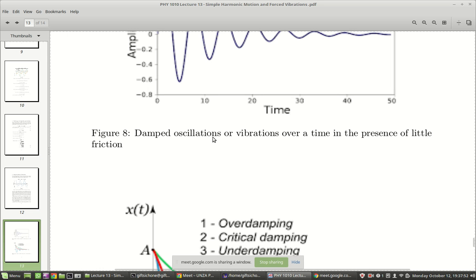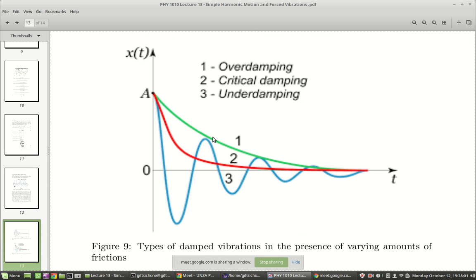However, there is another case where you can have a certain amount of friction where, in the red line, from the amplitude, your motion just comes to a stop, like that. This is what is known as critical damping.